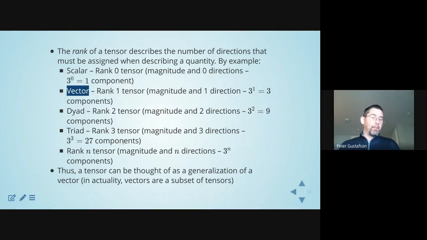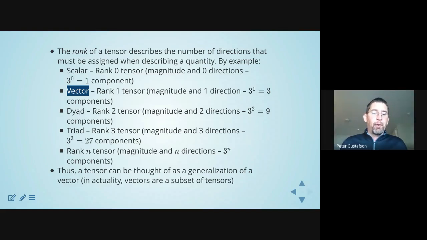Vectors, which we're all quite familiar with, in this more general terminology is called a rank 1 tensor. Again, it has a magnitude and one direction. So it has 3 components in a 3-dimensional space, 2 components in a 2D space. Most of the work we'll do is in a 3D space.